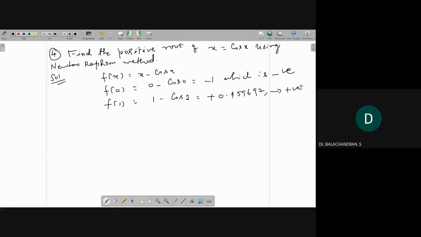And hence the root lies between 0 and 1.